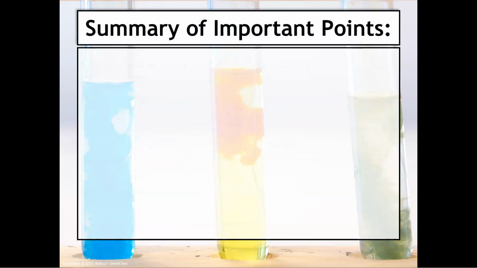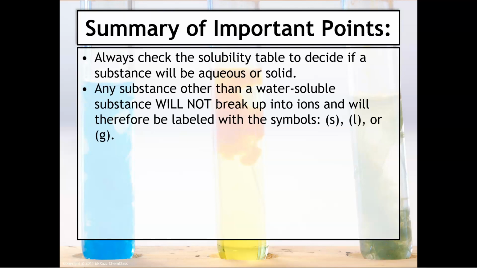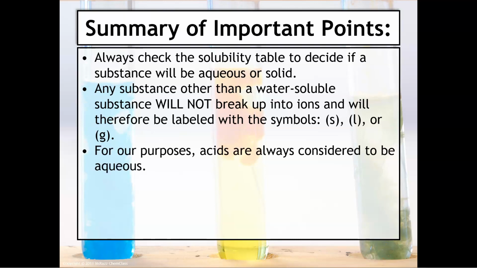So here are some important points that I want to make. First of all, always check the solubility table to decide if a substance will be aqueous or a solid. Any substance other than a water-soluble substance will not break up into ions and therefore will be labeled with the symbols solid, liquid, or gas. For our purposes, if you see an acid listed, you can always assume that that's going to be aqueous.